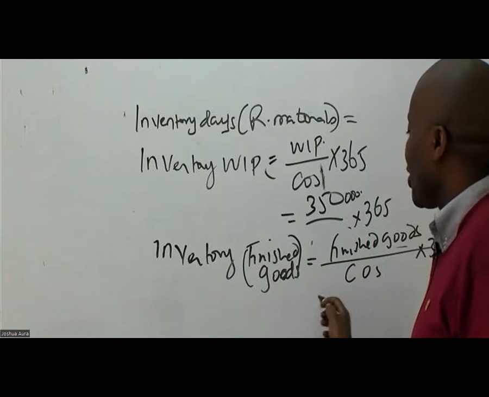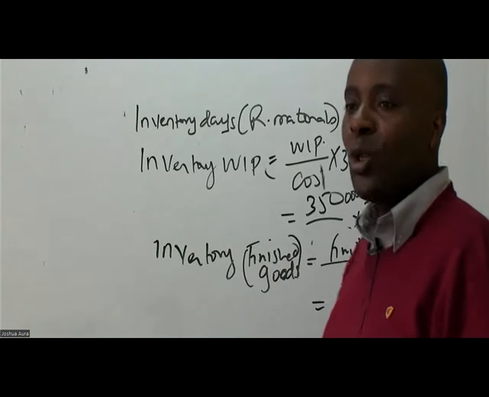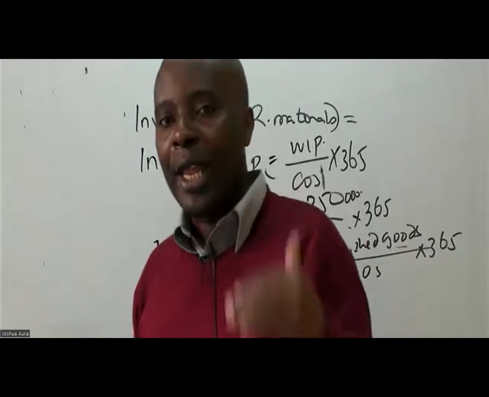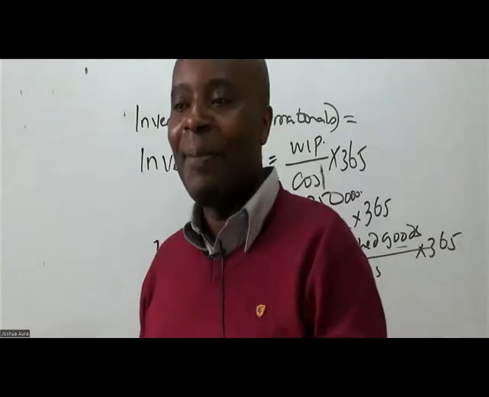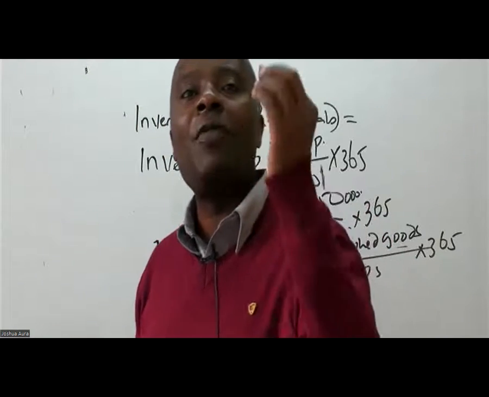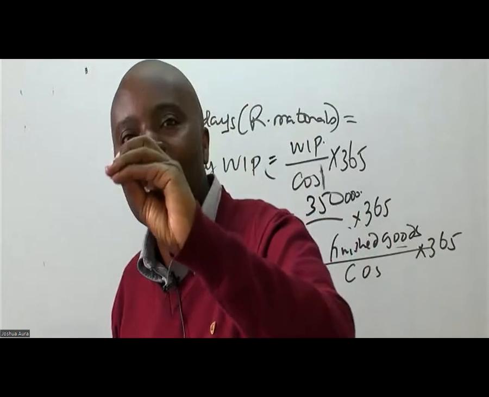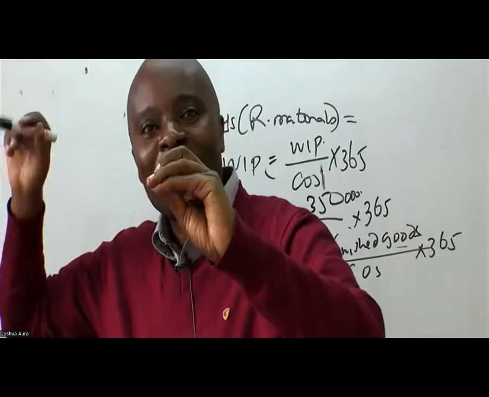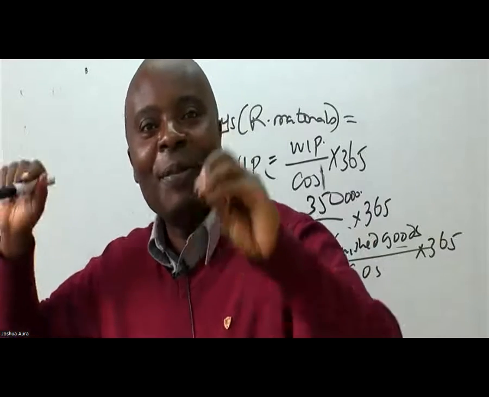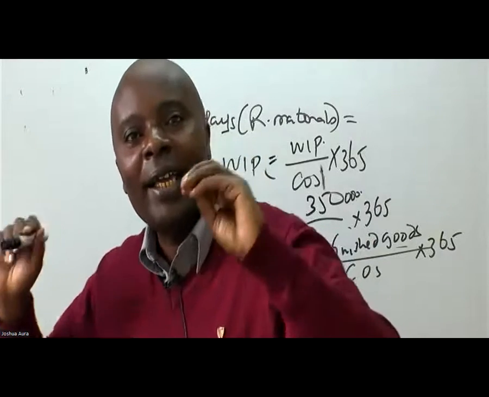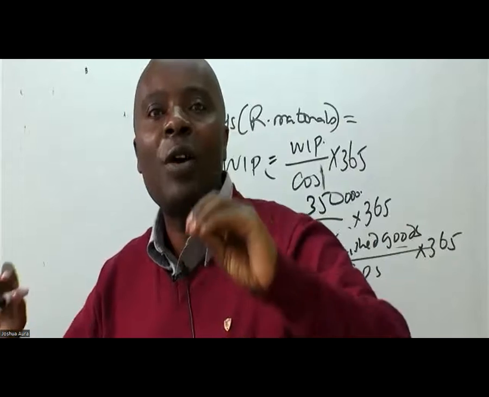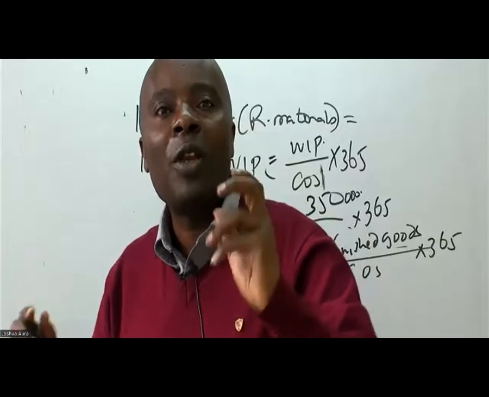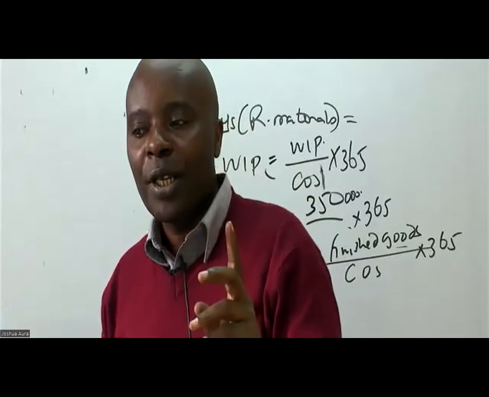You divide by the same cost of sales. Please never ever value finished goods using the sales figure. Remember IAS 2. IAS 2, ladies and gentlemen, talks about whichever inventory, always value inventory at cost.